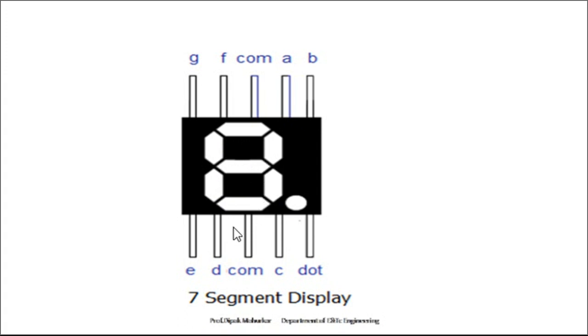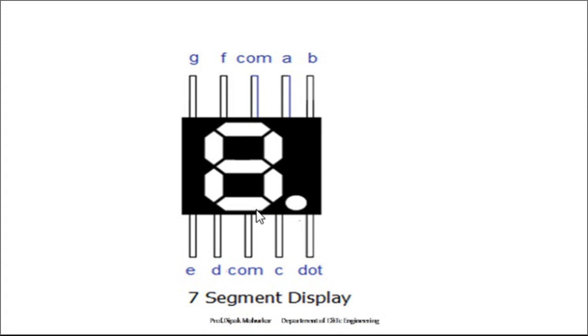According to these segments, the respective numbers will be created. For example, suppose you want to create the 0. Except this one, all the segments will glow, then we can display a 0. Suppose you want to display the 2: this one, this one, this one, this one, and this one.